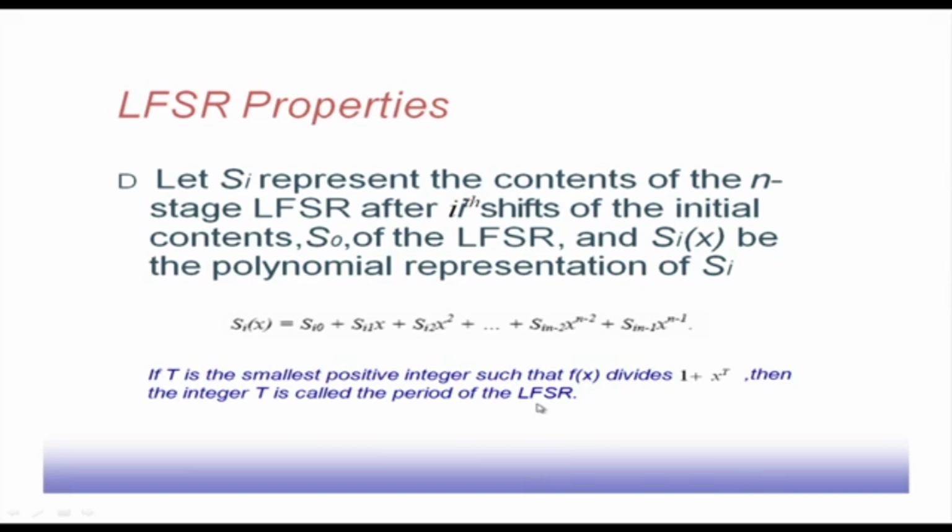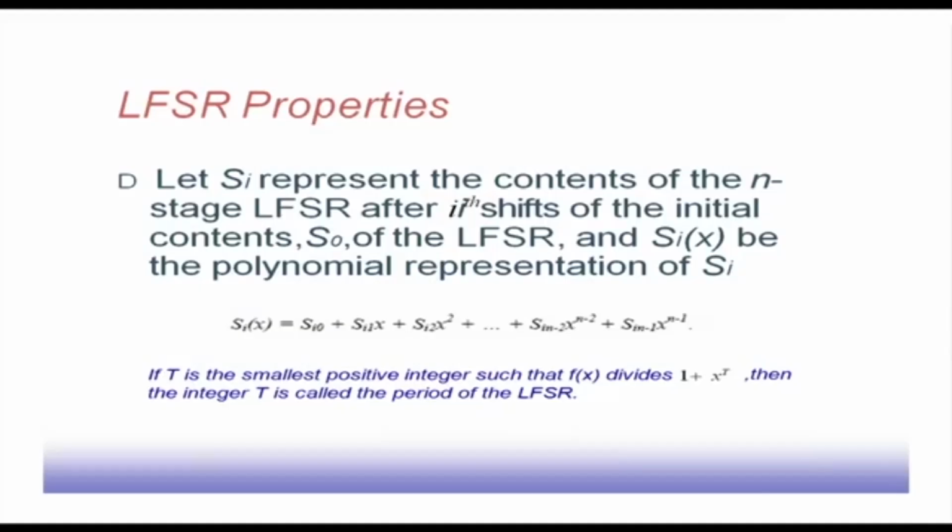The thing is that if you initialize the LFSR with some pattern and then just go on giving clocks to the LFSR, it will go on evolving itself, and after t clock cycles, it is going to repeat the sequence of the content of different cells that are there. So, this t is called the period of the LFSR.